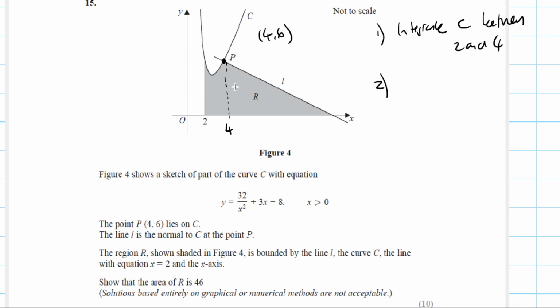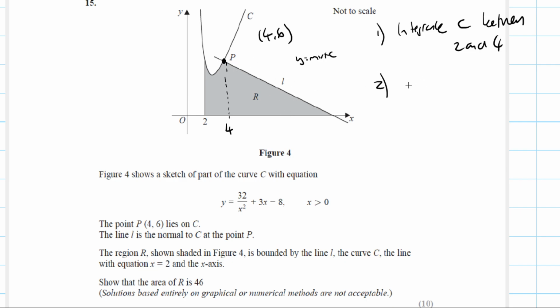Then the next thing is we need to find our line. We know that it's normal to C. So to find the line, we need to get it in the form y equals mx plus c. In order to get to that, we first of all need to find what c and the gradient are. As we know that the line is normal to C, we can find the gradient of C and then do the negative reciprocal.